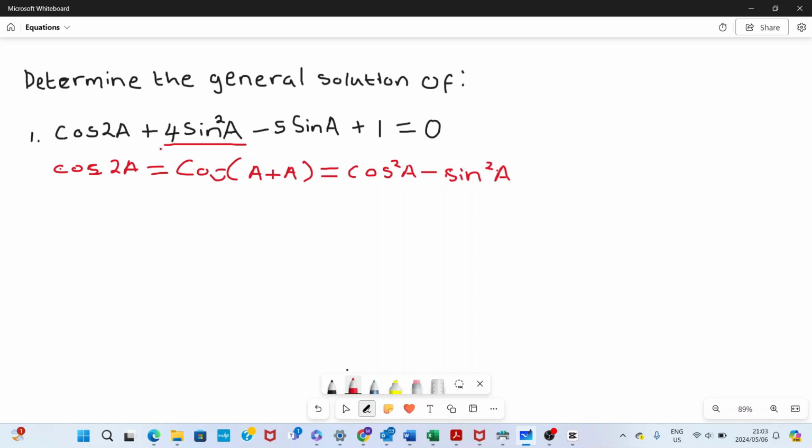To do that, we will need to invoke our understanding of the Pythagorean identity.